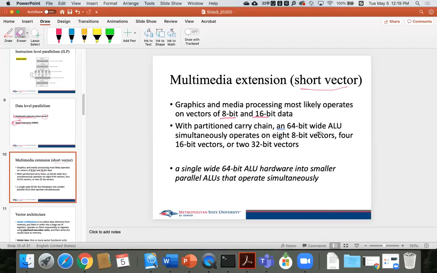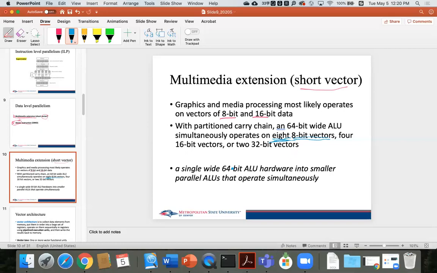So instead of operating on two 64-bit data, we could simultaneously operate on a few 8-bit data. How many of them could we do? We could do 8 of the 8-bit, each 1 byte long. Then we could calculate 8 of them all together, and this actually forms a vector.